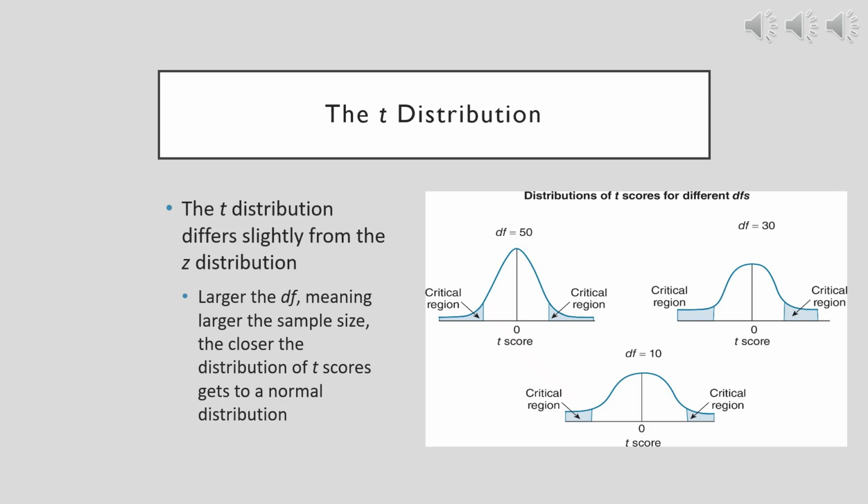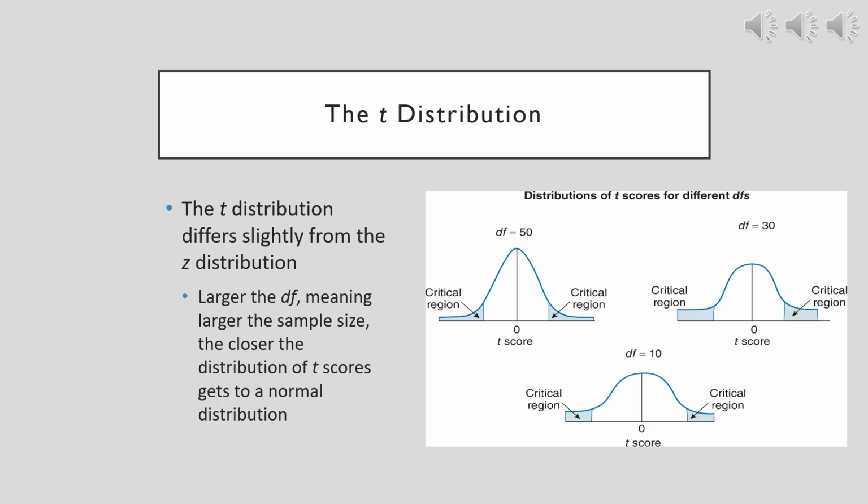So at first, with very low sample sizes, n, which corresponds to low degrees of freedom, they have thick tails. But as the degrees of freedom, meaning the number of people in the sample, increases, it starts to approximate a normal distribution. You can see that on this image: with degrees of freedom of 10, the tails are quite thick.